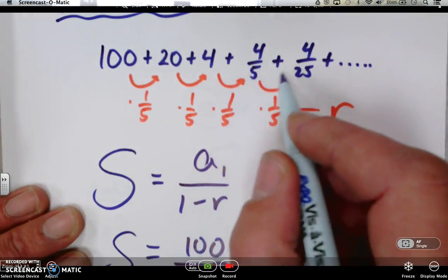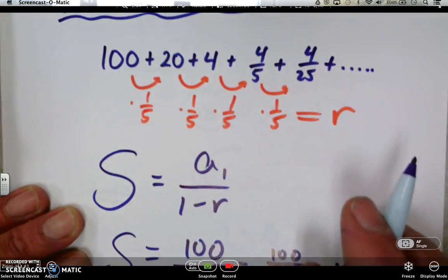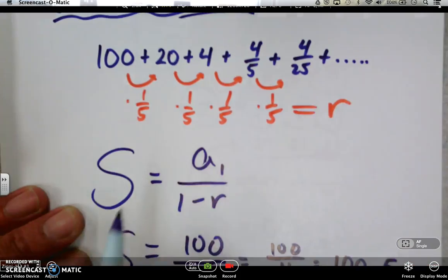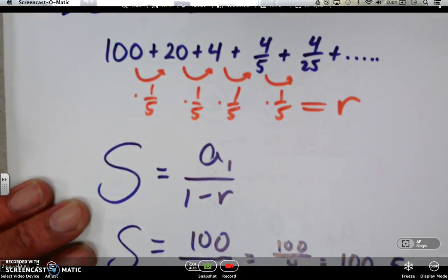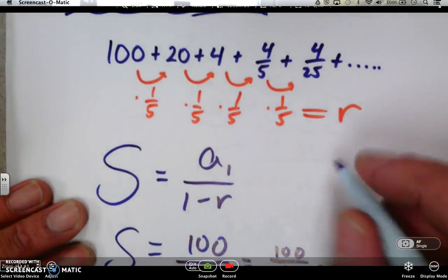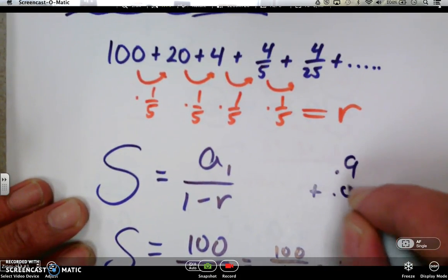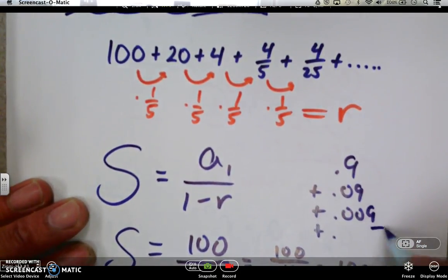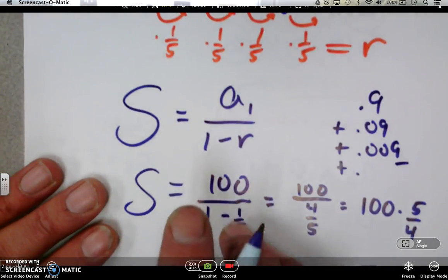But then after that, each time, it's getting smaller and smaller and smaller. So even though it's infinite, you're getting smaller and smaller, little tiny pieces. So these little pieces at the end are just filling in very, very small things. It's sort of like if you had 0.9 plus 0.09 plus 0.009 plus, the amount you're adding keeps getting smaller and smaller and smaller.